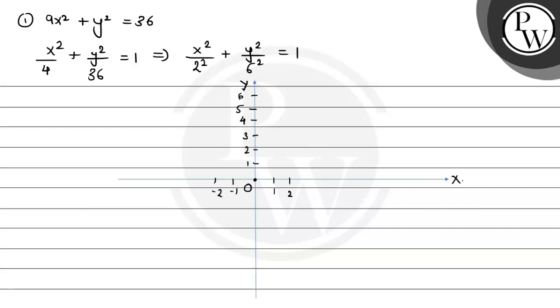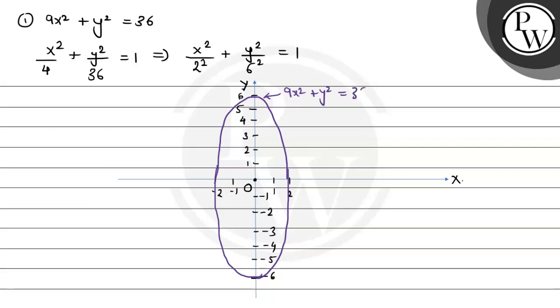In the negative y-axis we have minus 1, minus 2, minus 3, minus 4, minus 5 and minus 6. So now, since this equation represents an ellipse, the graph will therefore look like this. Such is the graph of the ellipse represented by equation 9x squared plus y squared equals 36.